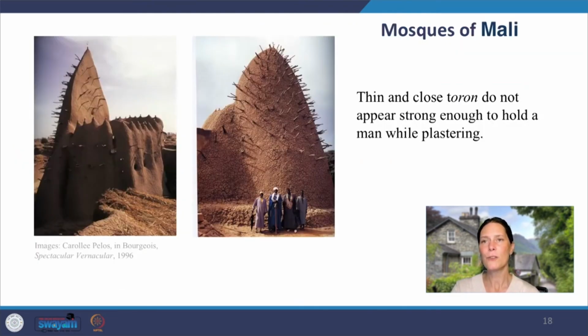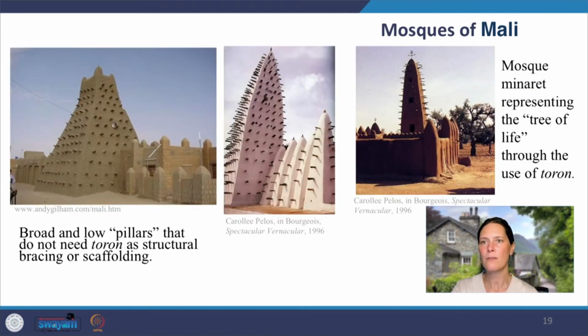They're also used on small shrines, where some instances are too weak to hold a person on the small toron, or wide, stable structures that don't need collar ties or scaffolding down low. This is all reinforcing the symbolic function. They are symbolic of the singular community tree that is commonly growing near a mosque.